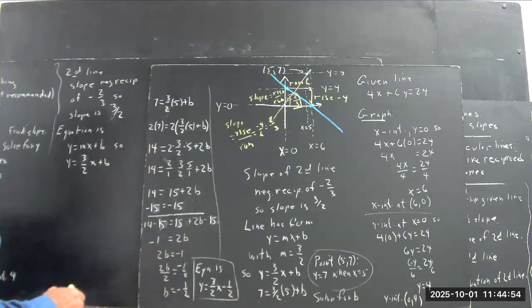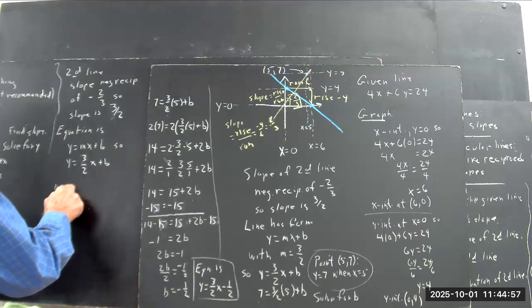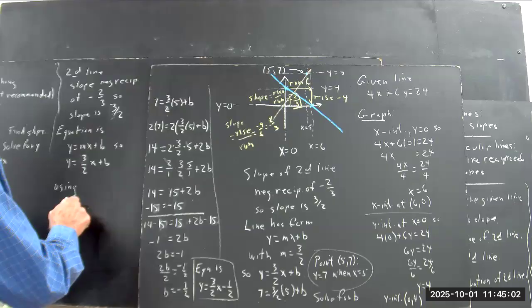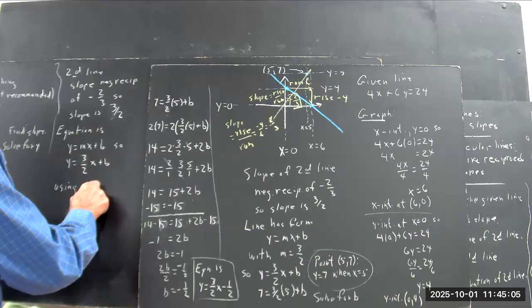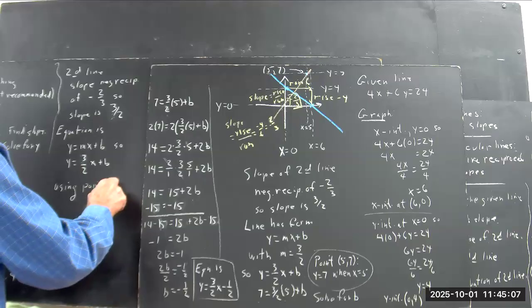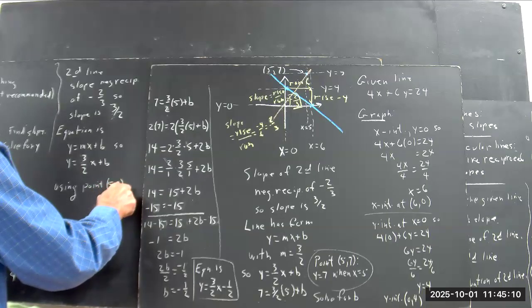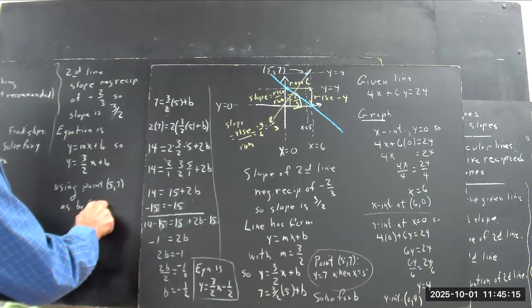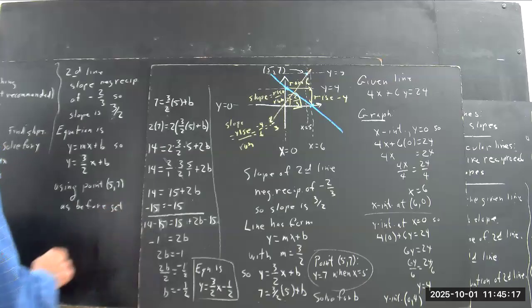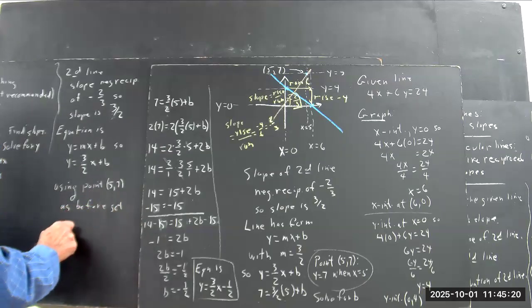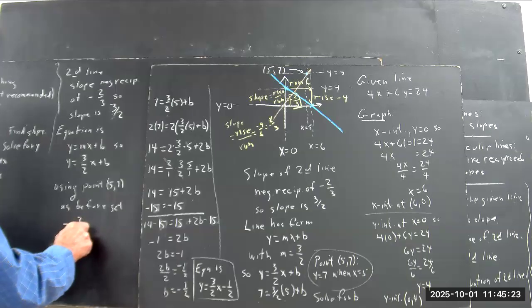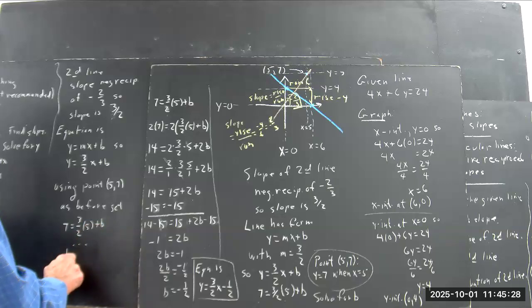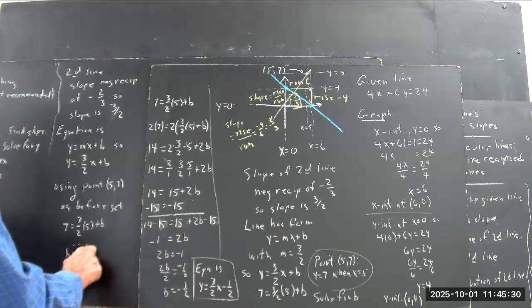Well, we proceed just as before. Using 5, 7 as before, you get 7 equals 3/2 of 5 plus b. b equals negative 1/2.